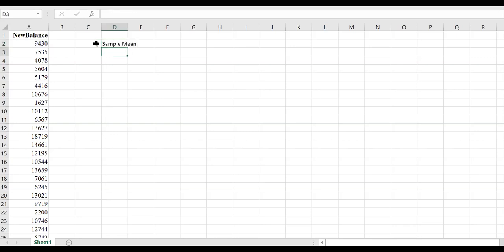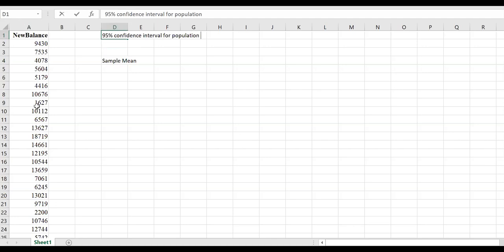Let me just write down what we are trying to do here. So we're trying to find 95%. I'm assuming my confidence coefficient is 95%. A 95% confidence interval, or an interval estimate with 95% confidence, or we can call it 95% confidence interval for population mean.